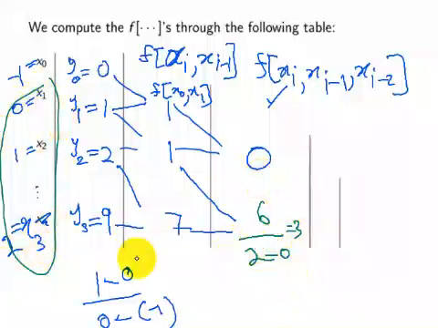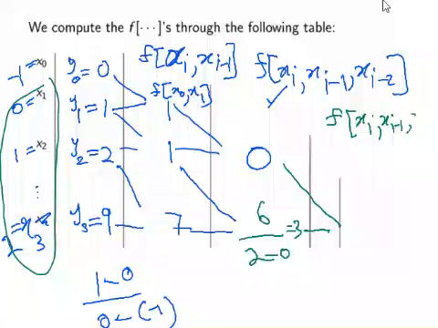Alright, now we use these two values to compute the next level. What is the next level? In this case we use 4 points to compute the next one. The difference between these two, 3 take away 0, would be 3, divided by, here we consider 4 neighboring points.